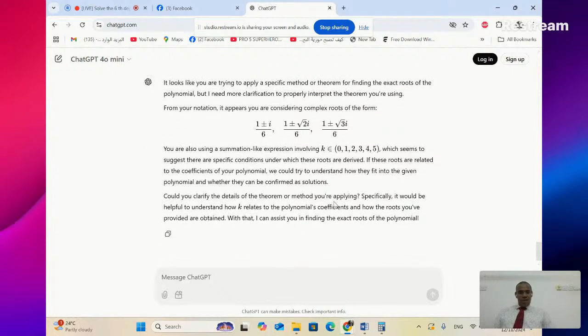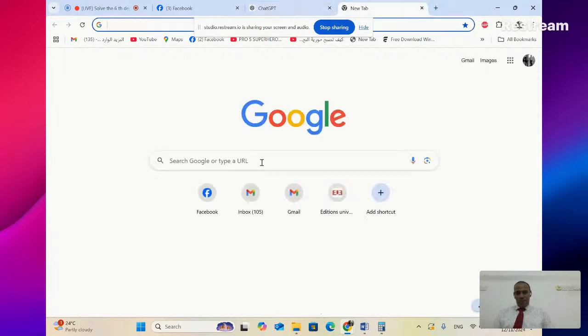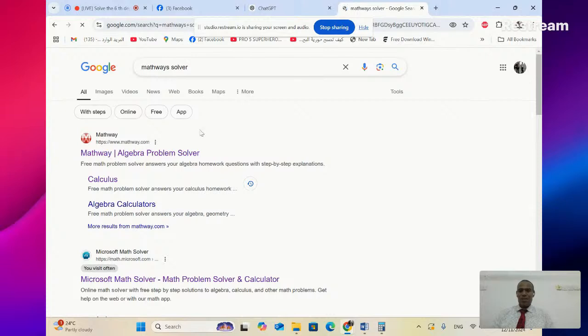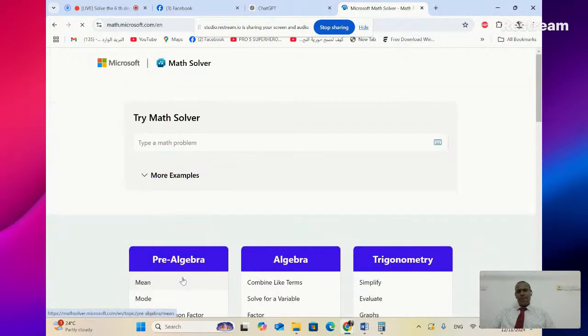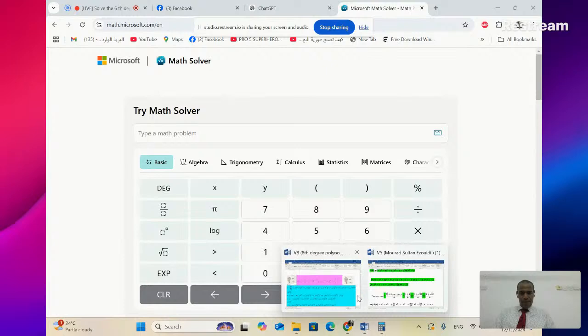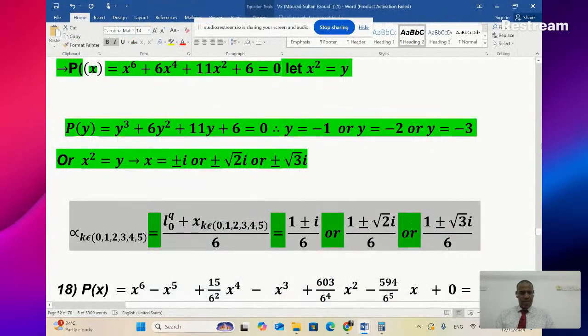So now I will go back to go to a math solver, Math Way solver. Let's see what he can do. Okay, let's see this one maybe, yes. Okay, I will give him now the exercise.